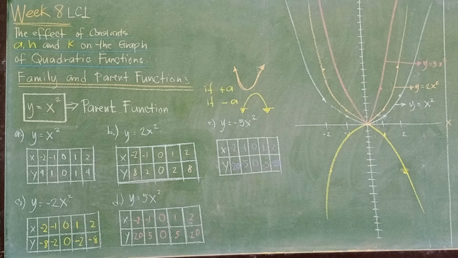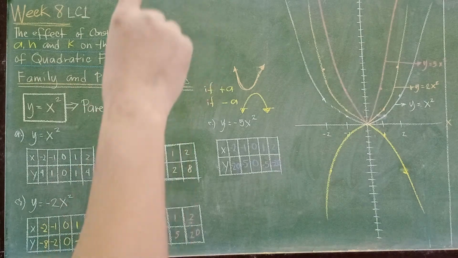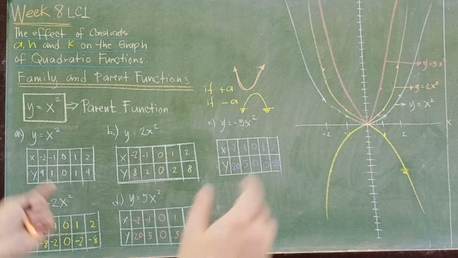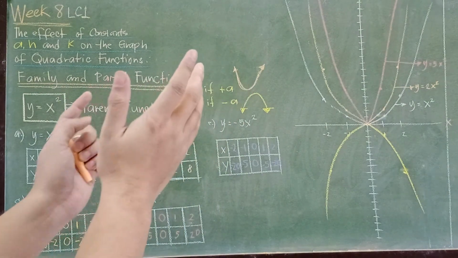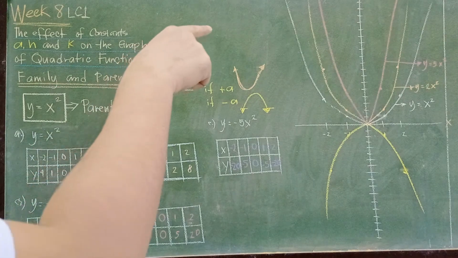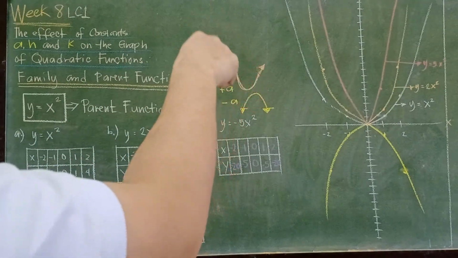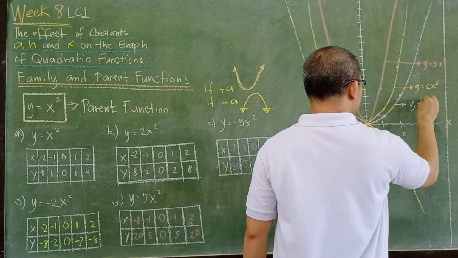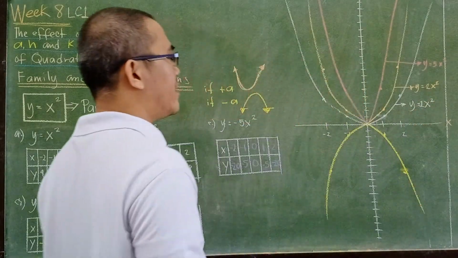So kung titignan ninyo, habang tumataas yung value ng A, nagiging mas steep o mas slim yung opening ng graph natin. Kung titignan ninyo yung first graph, yung y = x squared, yung A natin diyan is 1.